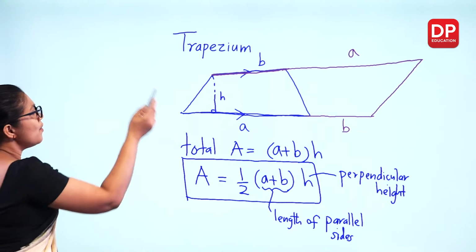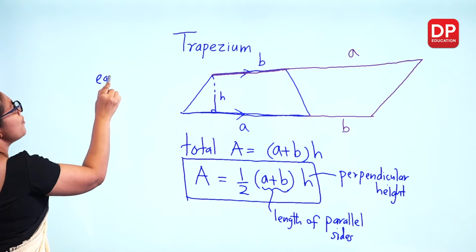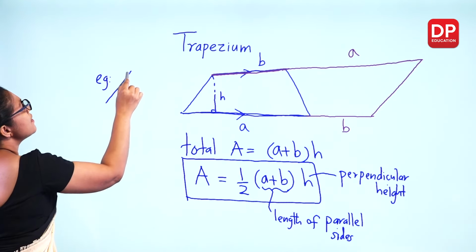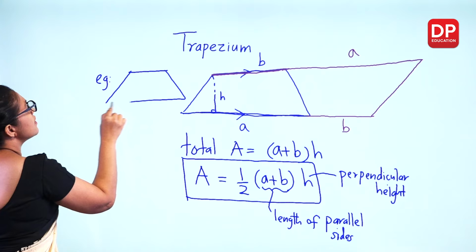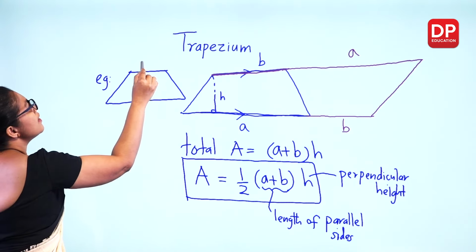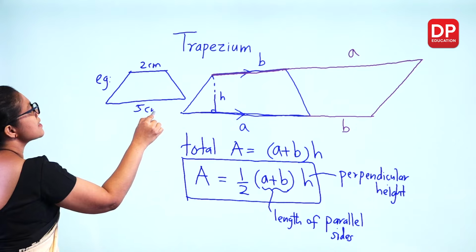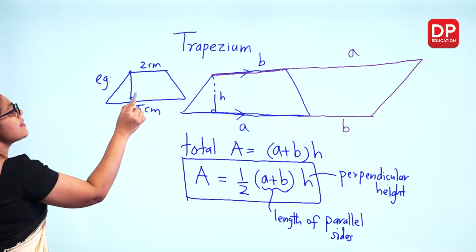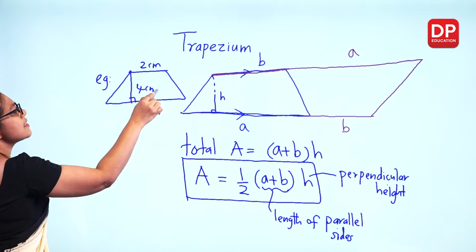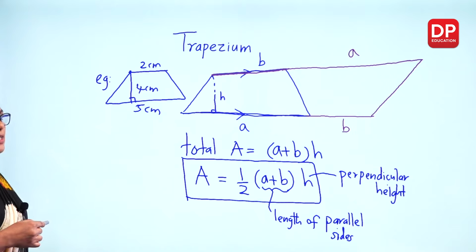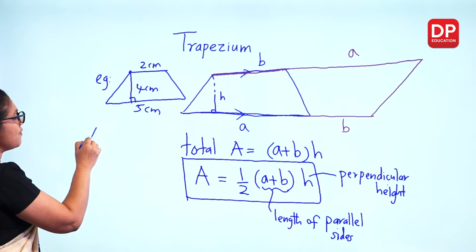For example, now we'll try to apply this formula, so you can get different trapeziums. So here this is 2 centimeters, this is 5 centimeters and the perpendicular height is given as 4 centimeters. What's the area of this trapezium? So how can we find out?